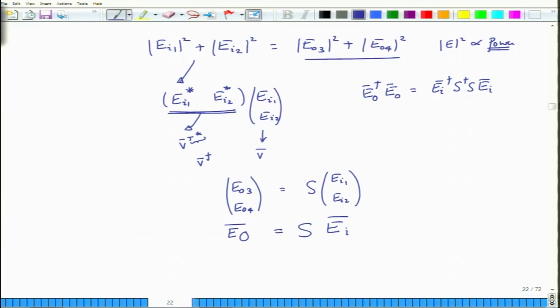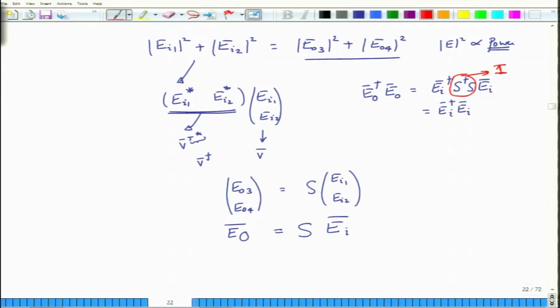Now the lossless condition means that this right hand side should be equal to EI adjoint times EI vector, which clearly implies that the term S adjoint S must be equal to the identity matrix.